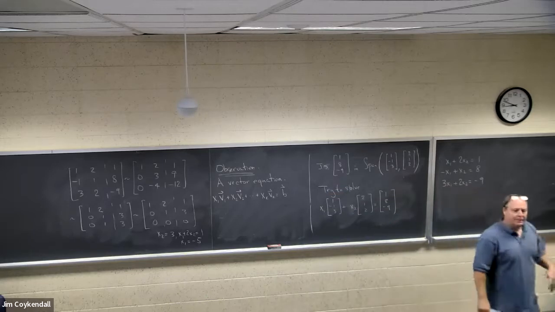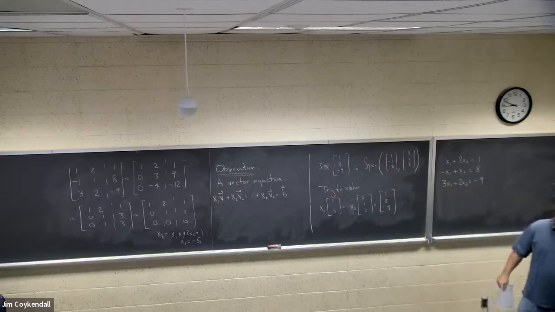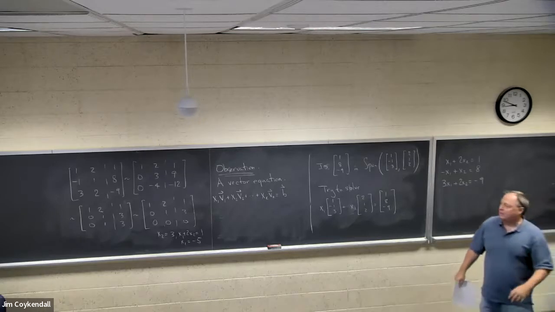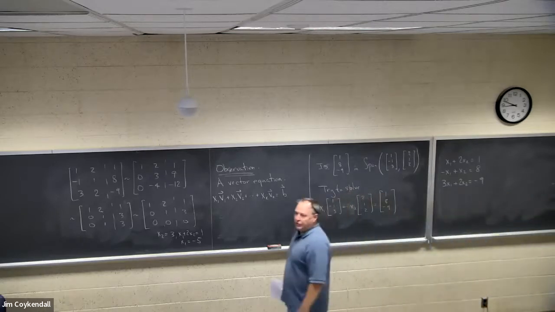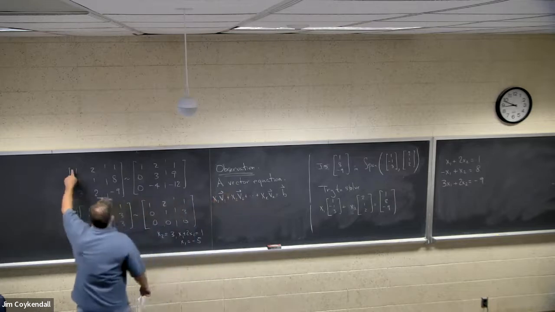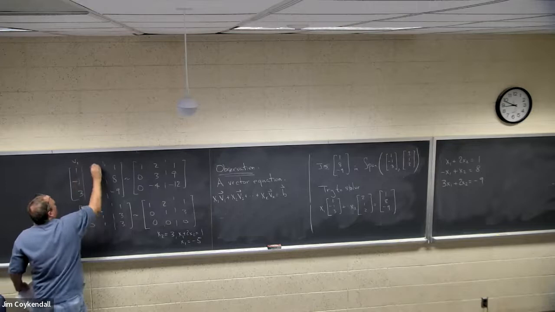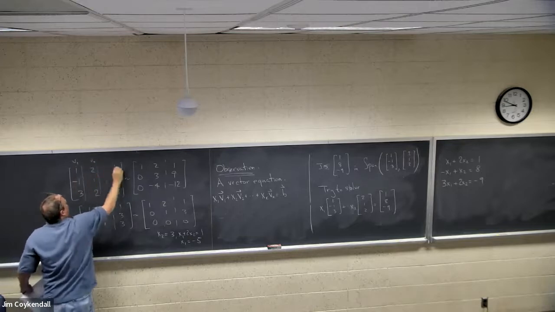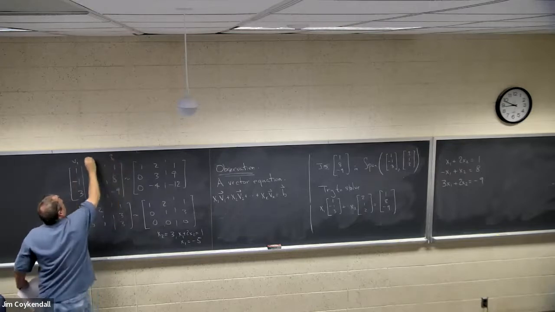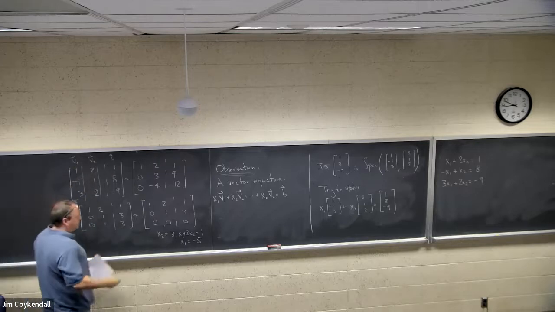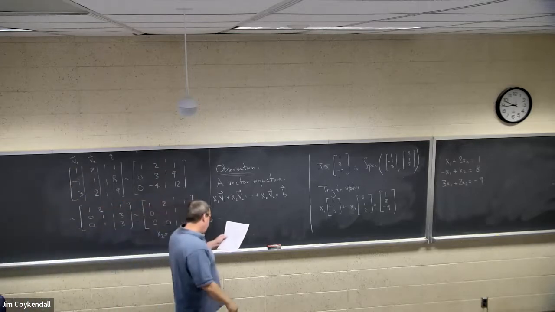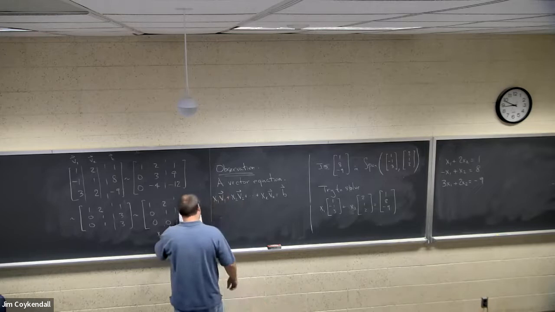And by the way, I'll try to distinguish: when I don't have a hat on it, it means a number, and when I have one of the little hats on it, it means a vector. Notice that this is our vector equation here. This column is b1, this column is b2, and this column is b. It has a solution.